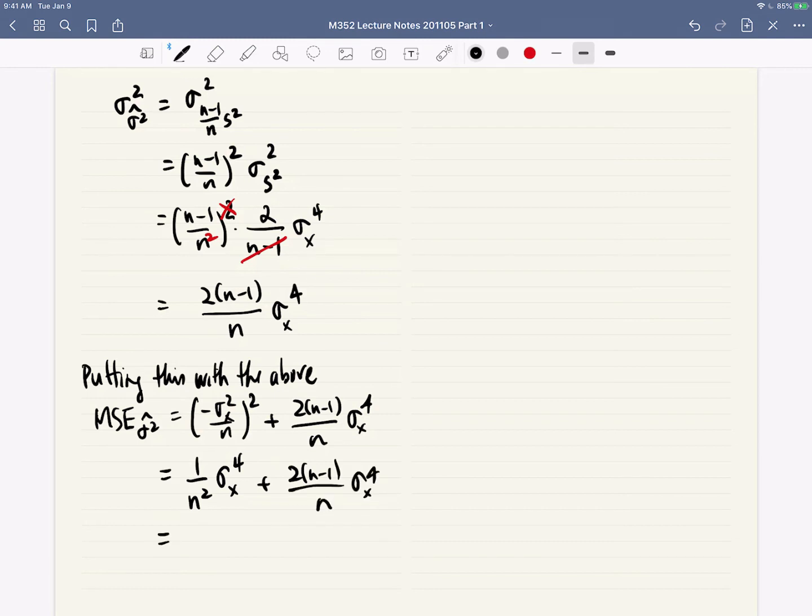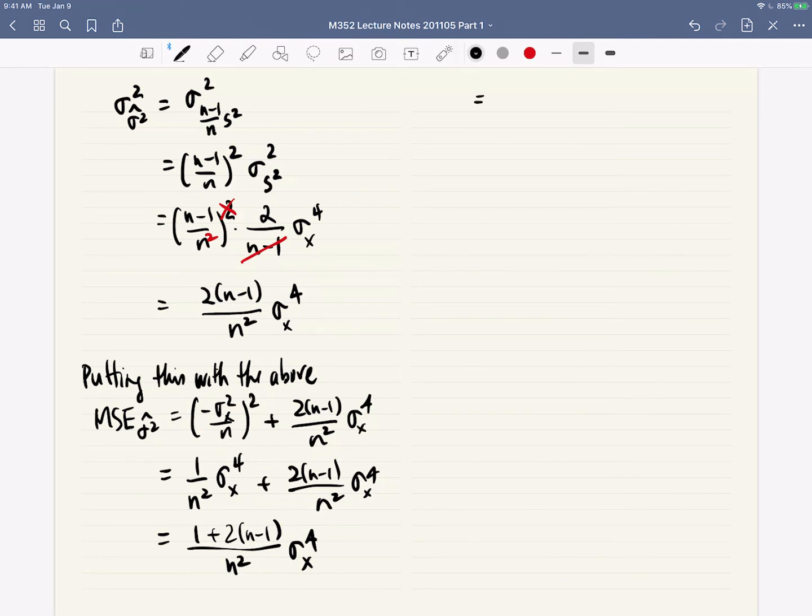Let's pull out those. Oh, I've got an error here. Let's pull out the variances and we'll see this simplifies to this. And working out the top, it's 1 plus 2n minus 2, so it's 2n minus 1.